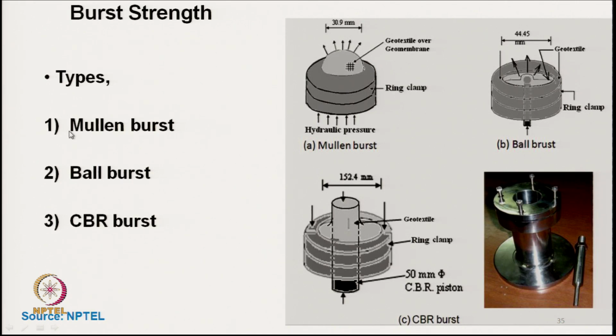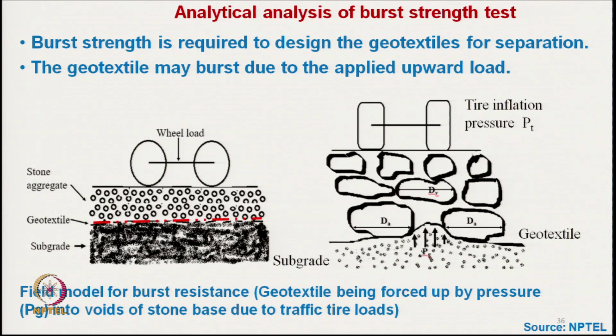In Mullen bursting strength a diaphragm is used; in ball bursting strength a puncture with a ball at the tip is used; and in CBR bursting strength a cylindrical plunger is used. In most applications the Mullen bursting strength is used. Burst strength is required to design geotextile for separation. Again, the geotextile may burst due to the applied upward pressure.